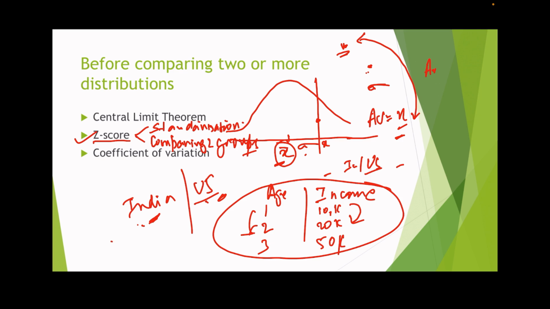For example, in India, the number of employees is 5,000 and in US the number of employees is 1,000. I have done a satisfaction survey, engagement survey, and I found that the score here is 3.5 and here the score is 3.2. So can I say that in India the engagement is higher, the employees are more engaged as compared to US? Can I say that?